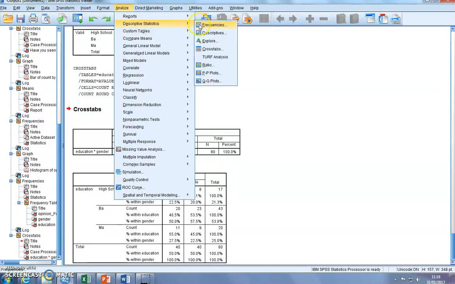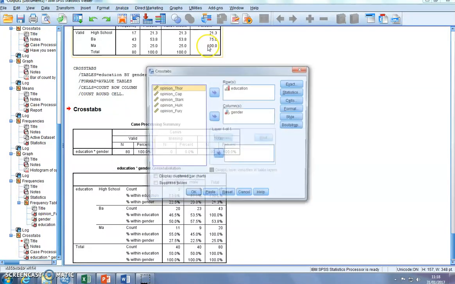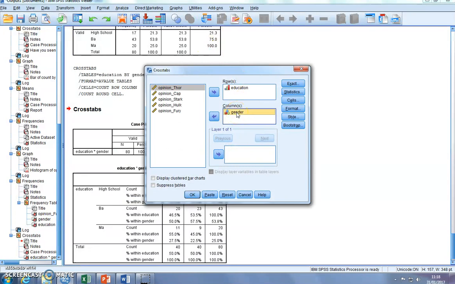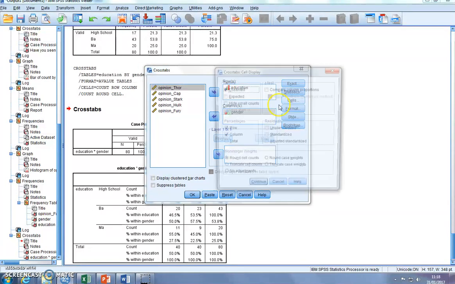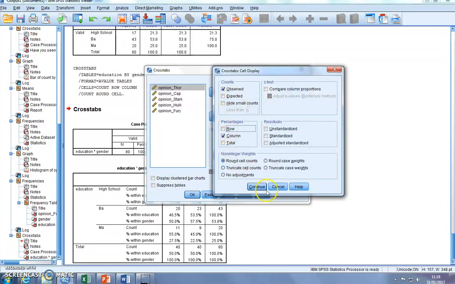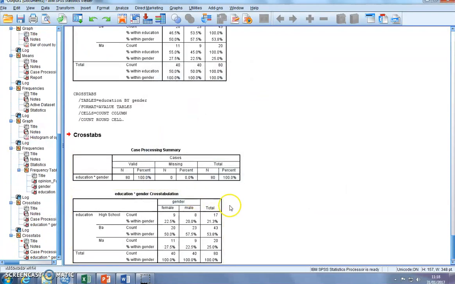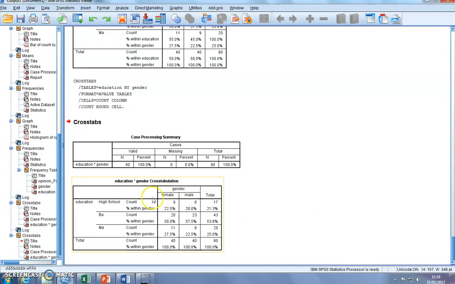So that would work like this. You go to crosstabs, you make sure that the thing you're interested in, the thing you think may cause a difference, is in the column, and you just select column percentages. So those are the percentages you are actually interested in.